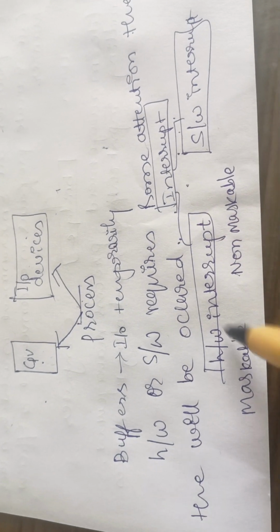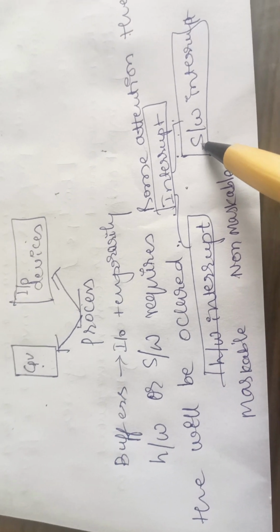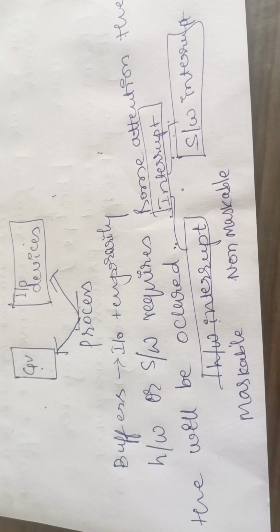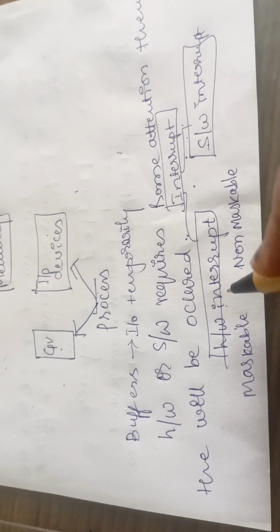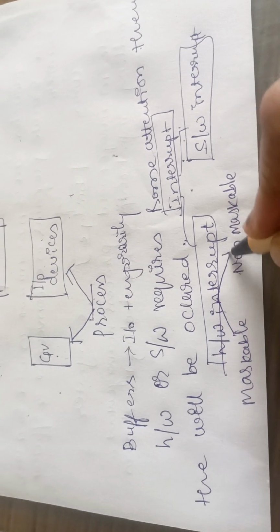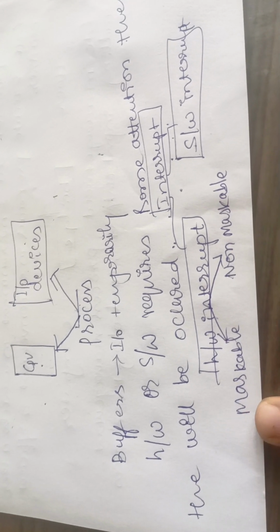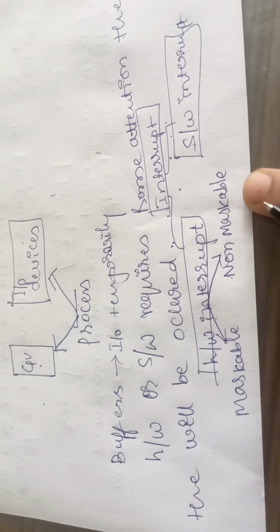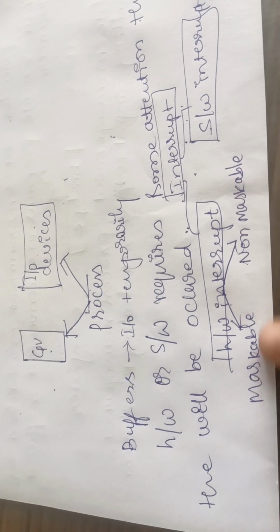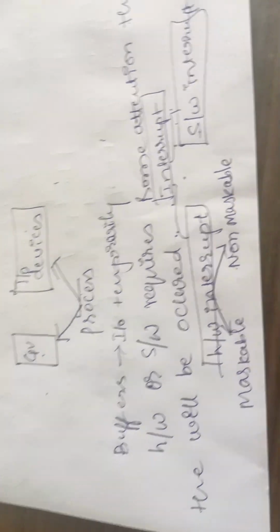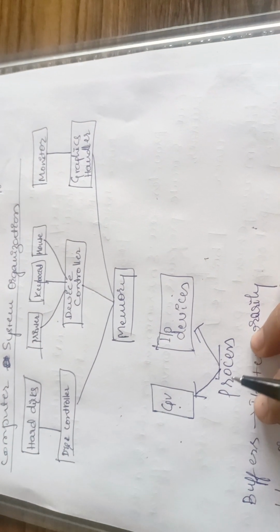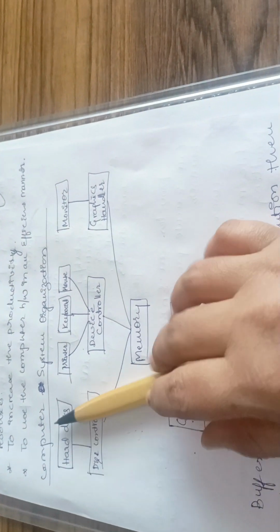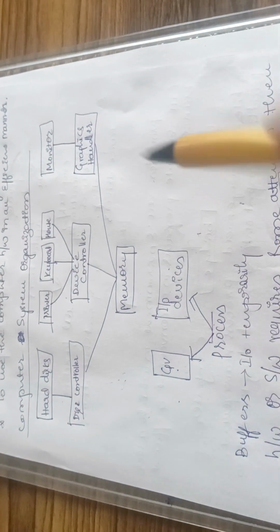So interrupt is of two types: hardware and software interrupt. And hardware interrupt is again of two types: maskable interrupts and non-maskable interrupts, right? So up to this it's clear, right? Computer system organization and what an interrupt is.